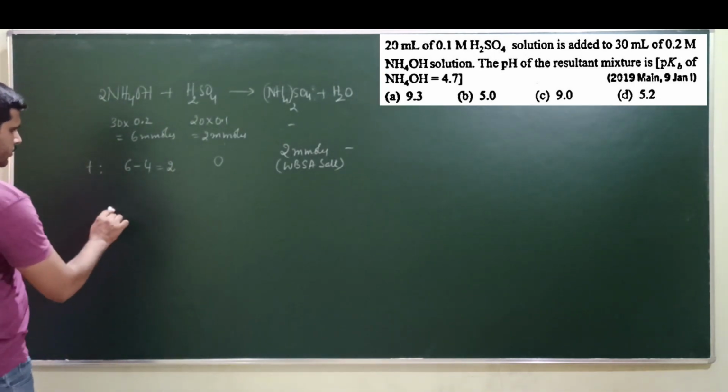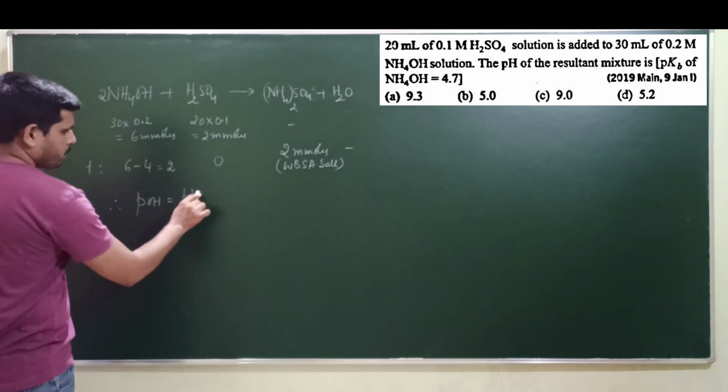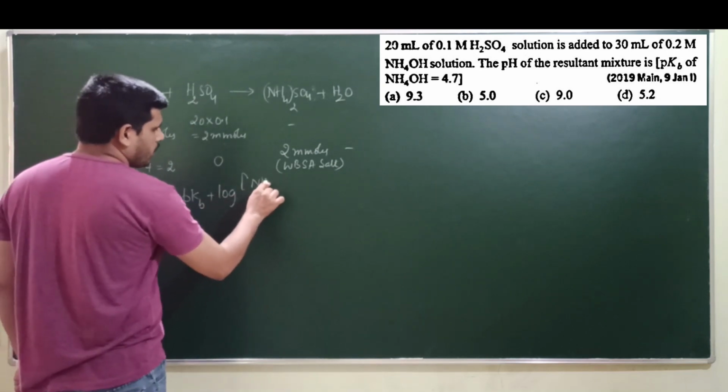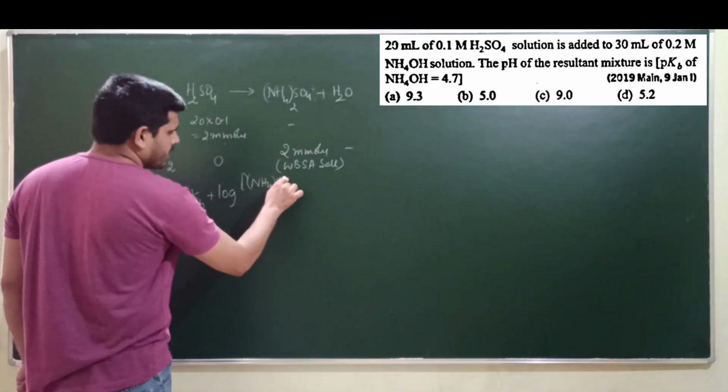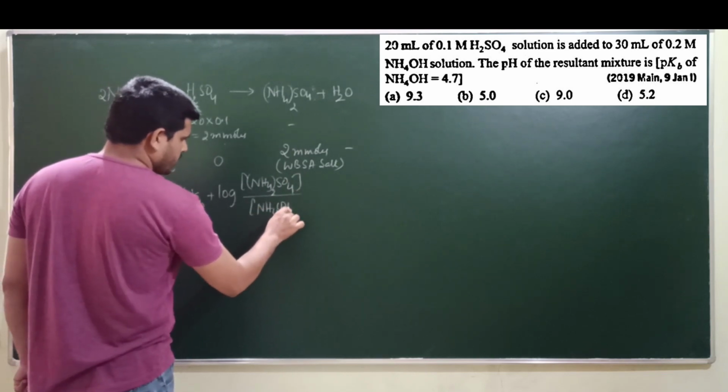Therefore we have the Henderson equation: pOH equals pKb plus log of the concentration of ammonium sulfate divided by the concentration of ammonium hydroxide.